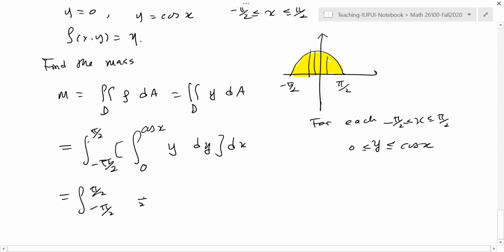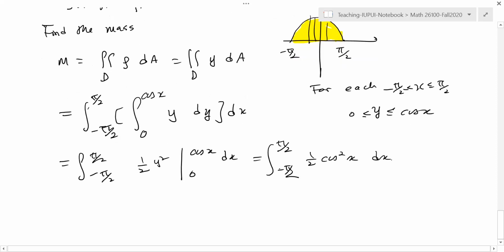It's 1/2 of y squared, and that will be 1/2 of cosine squared x. How do you evaluate the cosine squared? There's a formula: cosine 2x equals 2 cosine squared x minus 1.